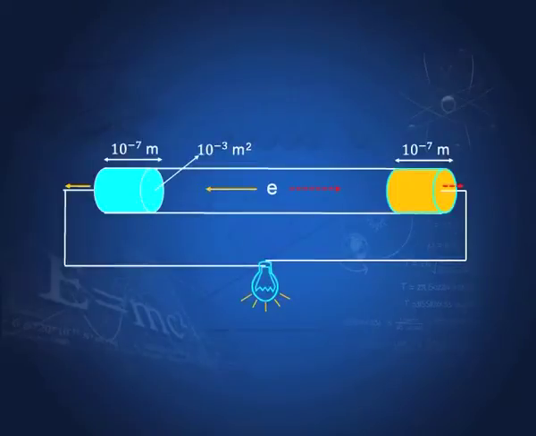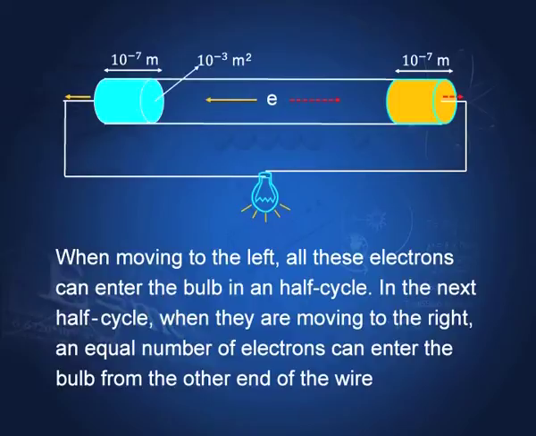So, for the first half the electrons move from this end, and for the next half cycle the electrons move in the opposite direction, that is, they move from this end to the bulb. Which means that in both half cycles the bulb is always getting the current, because the electrons are flowing through the bulb. Therefore, the bulb is always getting the current.